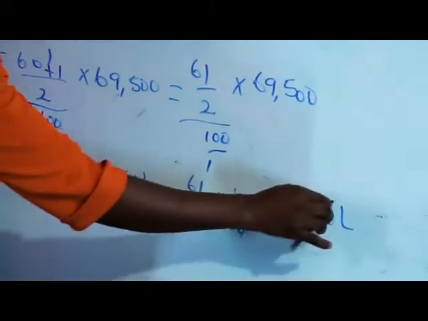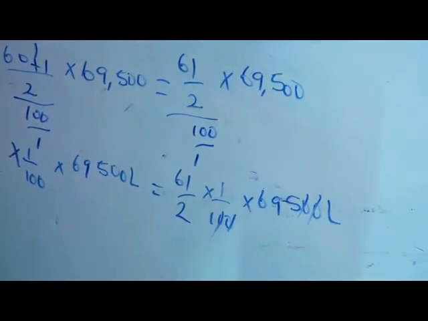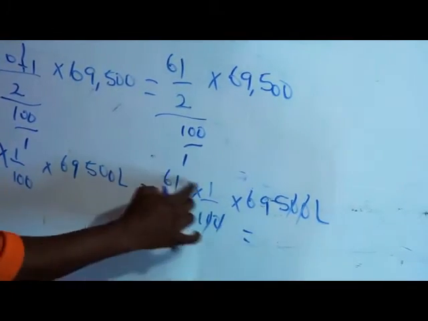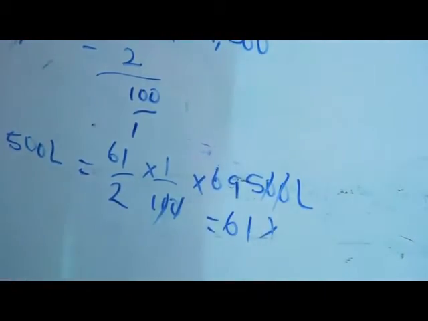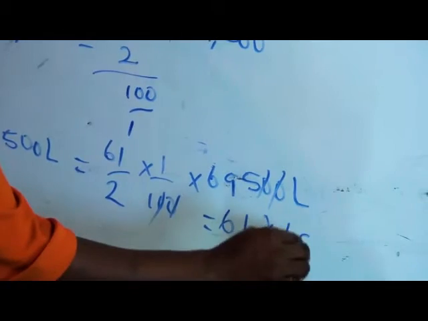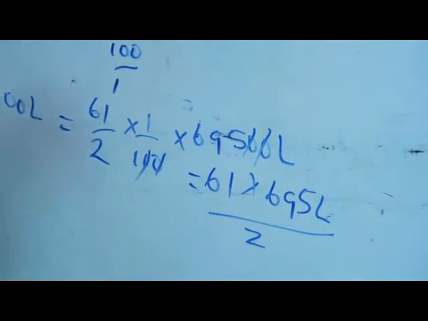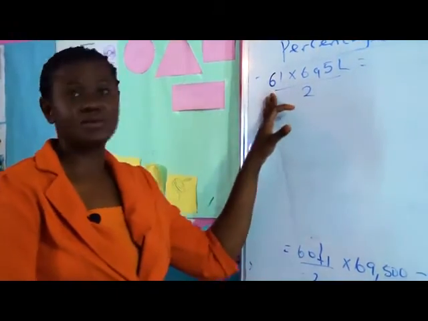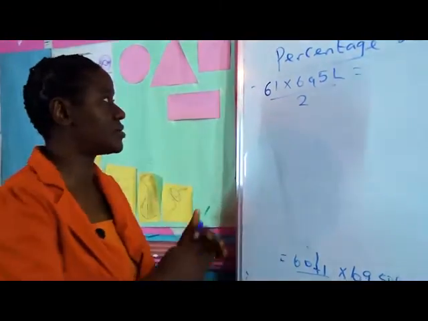A 0 crosses out 0 here, 0 crosses out 0 here. So we are left with 61 times 695 liters all over 2. So we have 61 times 695 liters divided by 2.